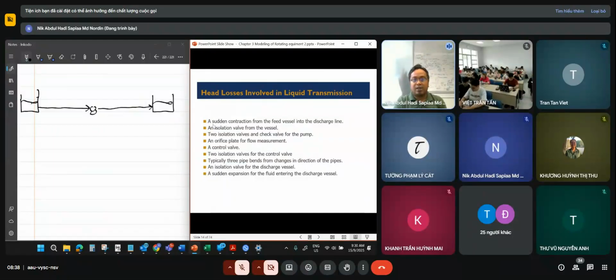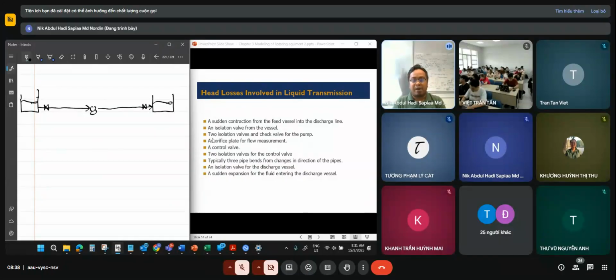First, let's focus on the valves. The first point is not about the valve. The second point says an isolation valve from the vessels. So for any vessel, we should have one valve. We have a valve for this tank, and we also have a valve for tank number 2.